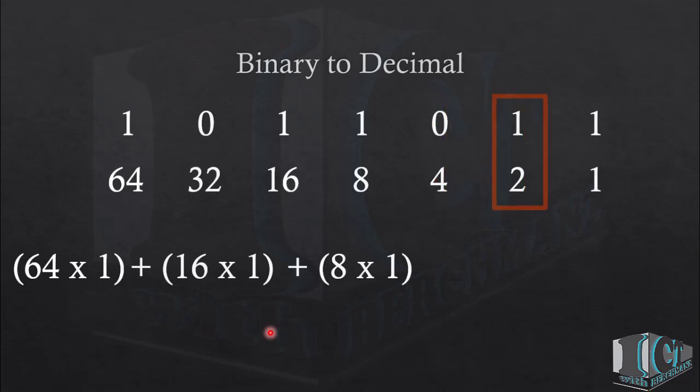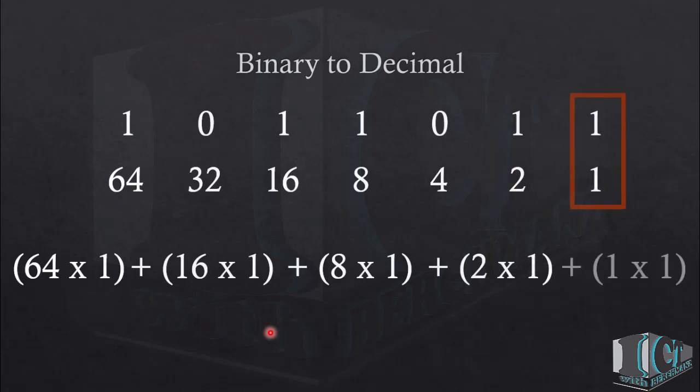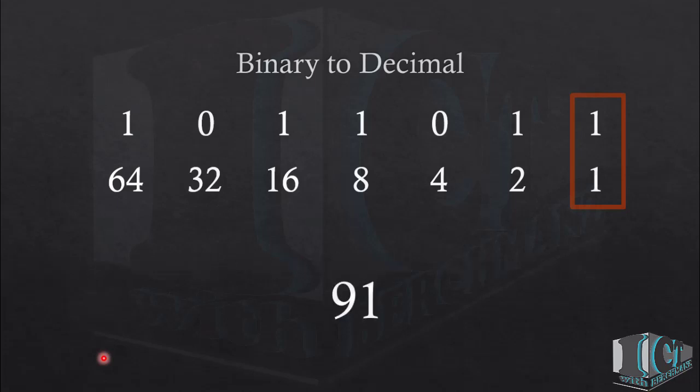Then I will move on to the next one, that is 2 into 1, and the last one is 1 into 1. When I multiply and add these numbers up, I'm getting the value 91. So this would be my decimal value for this binary number. That is how you calculate a binary number's decimal value using the place value method.